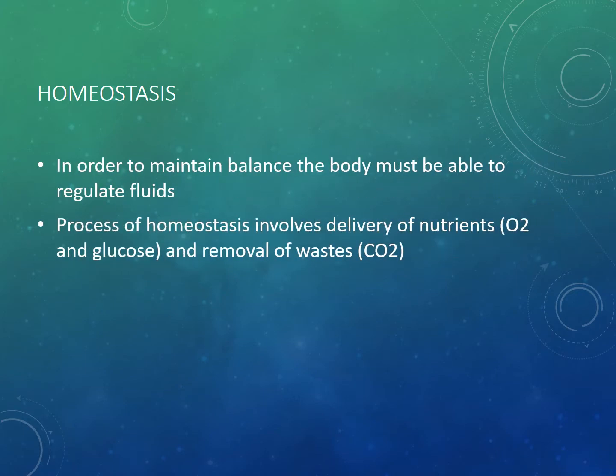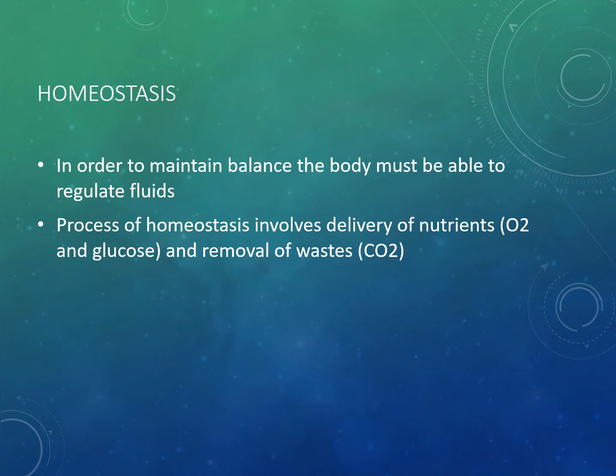So in order to achieve that homeostasis that I'm talking about, the body has to be able to regulate fluids. We have several processes that the body uses to regulate fluids. We are going to discuss those. But the other part of homeostasis is using that necessary fluid to deliver nutrients to your cells, nutrients like oxygen and glucose.